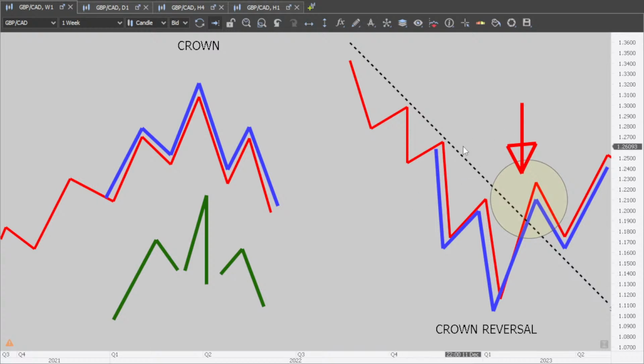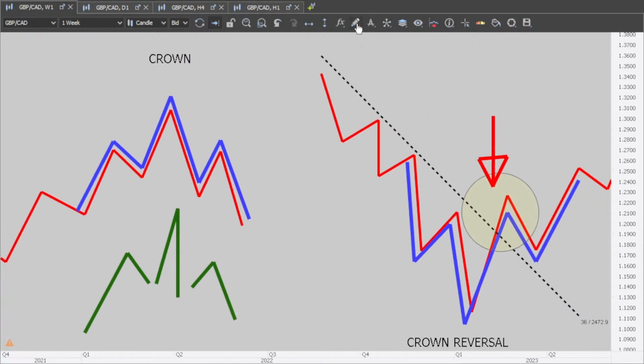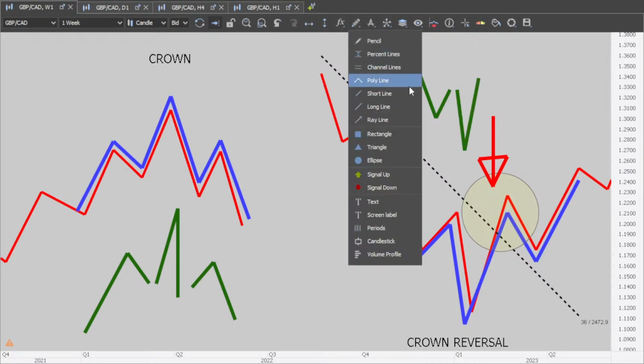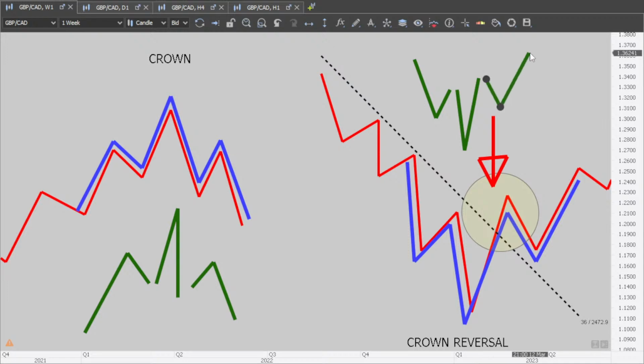Crown reversal, same story. You have the left tip, or left part, then you have the center tip with the higher high, and then you have the right tip, and the market starts to go up. So when you join those parts, you are going to have a crown reversal.